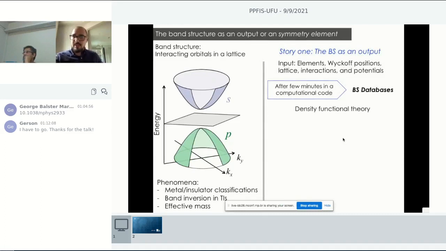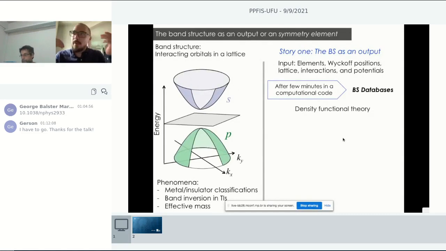You know, essentially I'm trying to say that if you have the elements, the Wyckoff positions, the lattice, the interaction between the atoms, and the potentials you have in your compound, you are able then to have the band structure by using, for instance, a tight-binding model, a k.p model, or density functional theory, and just put the whole information of the compound in a code, for instance, and then get the band structure after a few seconds, few minutes.